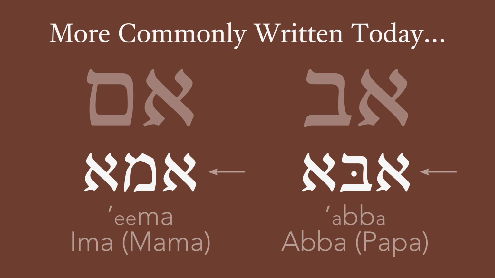And once again, it sounds very similar to mama, Ima. Technically, these 2 forms are loan words from Aramaic, but I'm sure babies don't realize that when they're deciding what word to say. Aramaic is very closely related to Hebrew, and it is found in a few parts of the Bible as well.